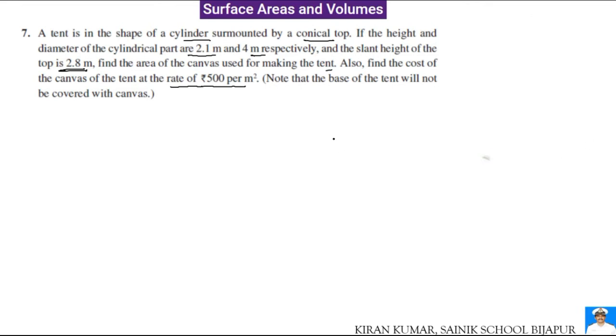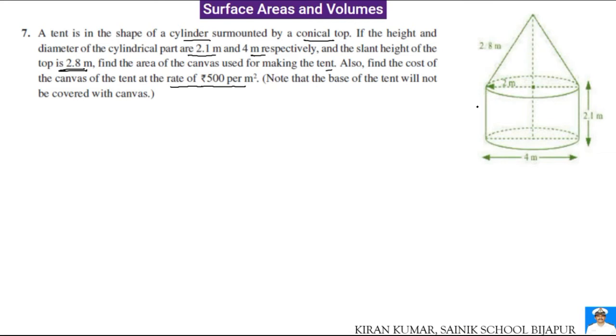So this will be the tent, a cylindrical part with a conical structure on it. Here the height of the cylinder is 2.1, the diameter is 4, hence the radius will become 2 meter. Slant height is given. So what are the things we need? We need the height of the cylinder, which is given.